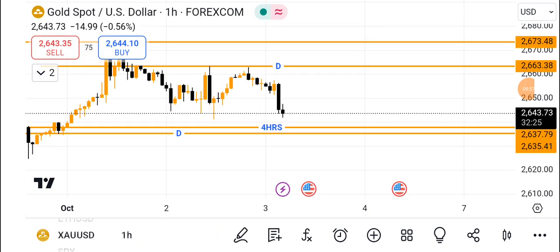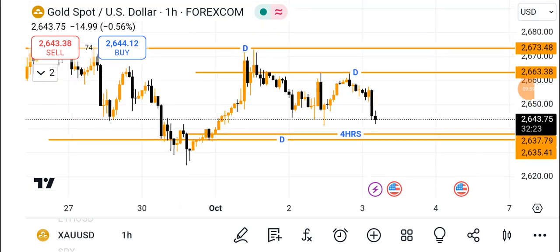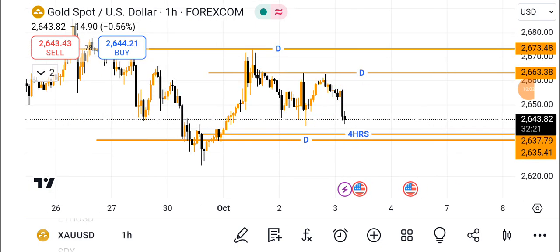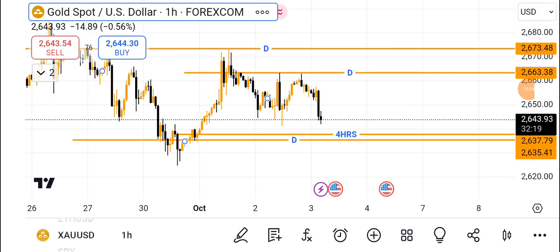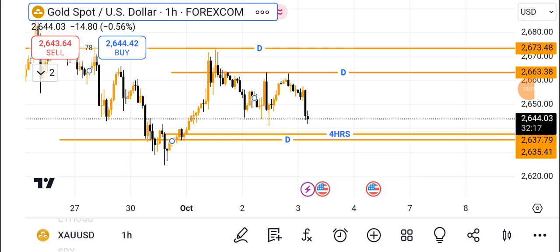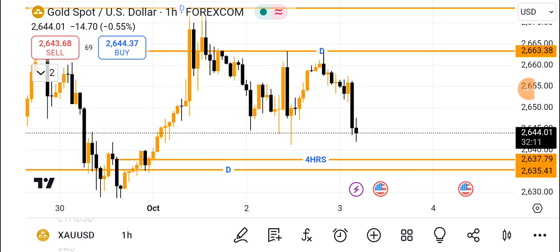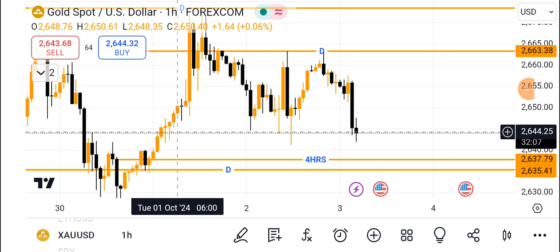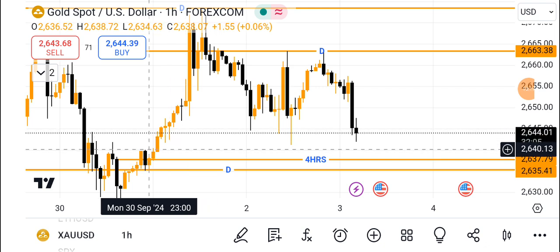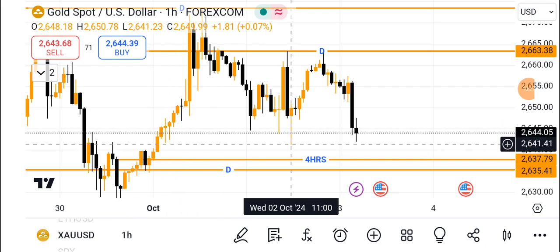Let me go to 1 hour. Okay, so this is a block. See, price is just getting close to that zone, and it's respecting everything. So this is it. Price is coming to this zone here and it's reacting already.